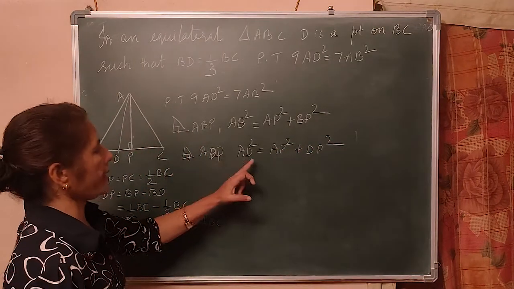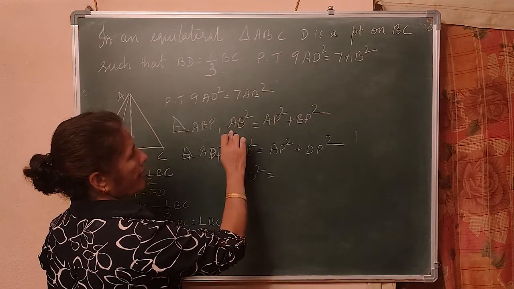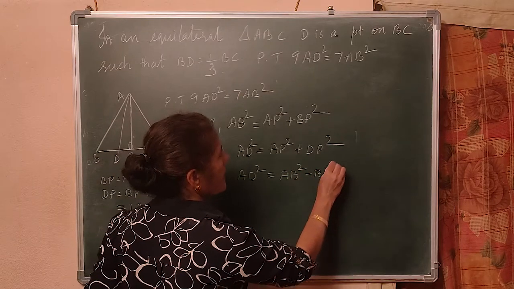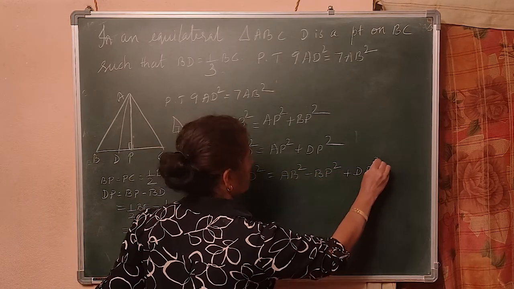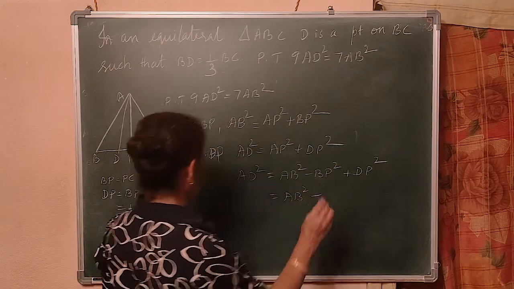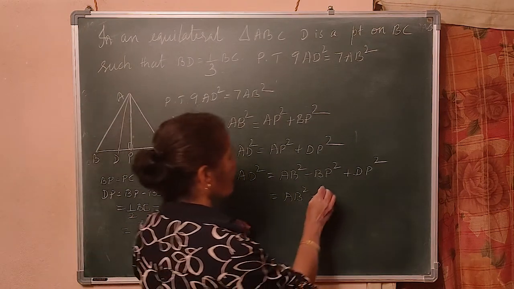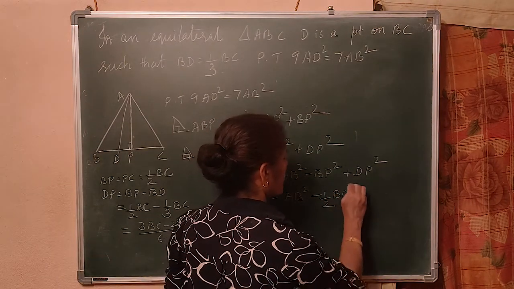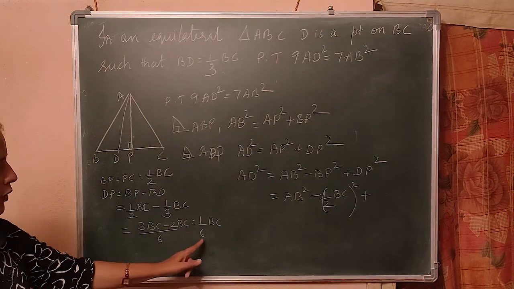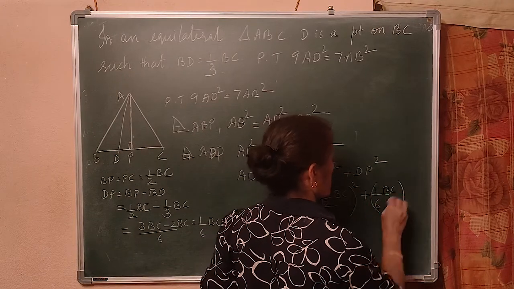Now, I can continue here. AD square is equal to, what is AP square? AB square minus BP square, plus DP square, is equal to AB square minus, BP I wrote as half of BC the whole square, plus DP, which I found just now, 1 by 6 of BC the whole square.